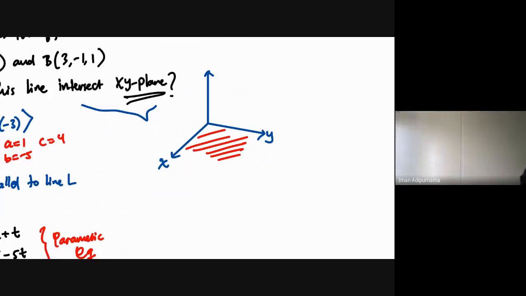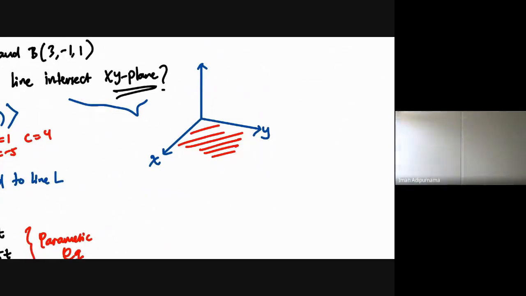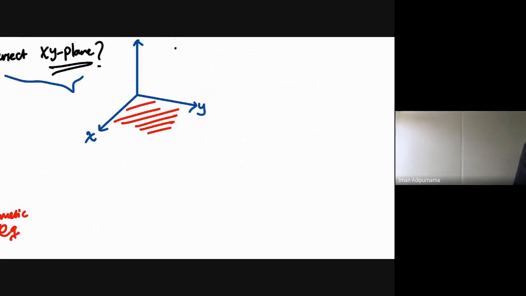So if you want to intersect the xy plane, you need to have z is 0. We have z is negative 3 plus 4t, so negative 3 plus 4t is 0, and we can evaluate t.